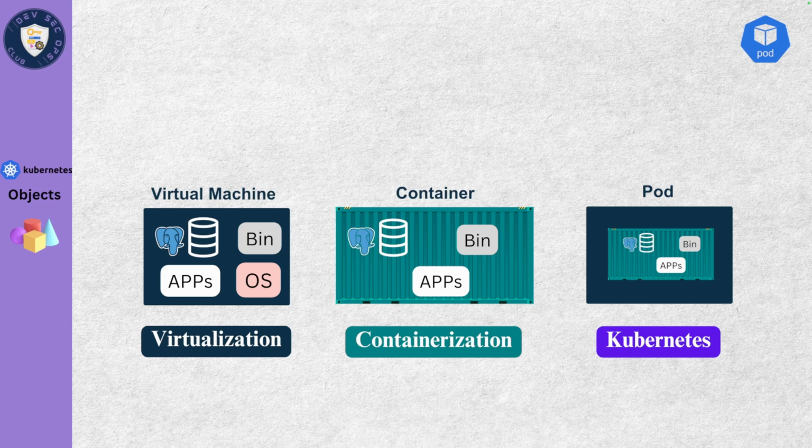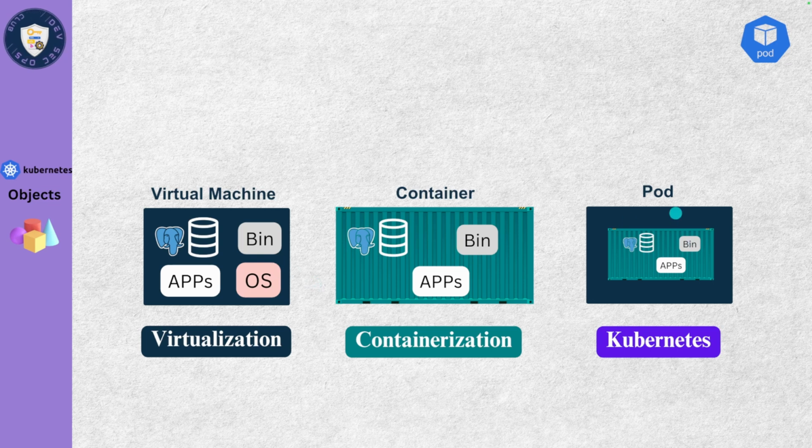It should not be that in your database container you are also running your application. No. Similarly in a pod, when we need an extra container, we will come to that. But always remember, containers are different, pods are different.